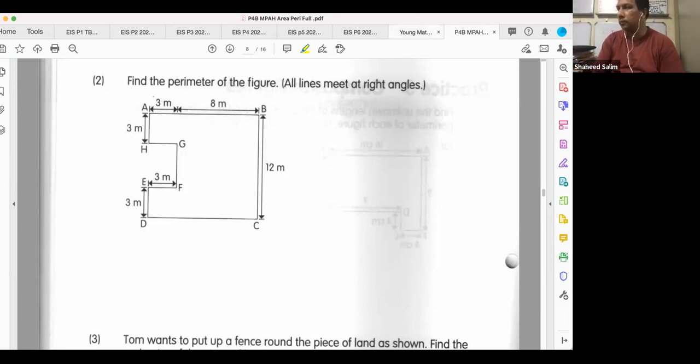Beli apa? $32. So sorry. Try again. Please try again, Miss Shafia.